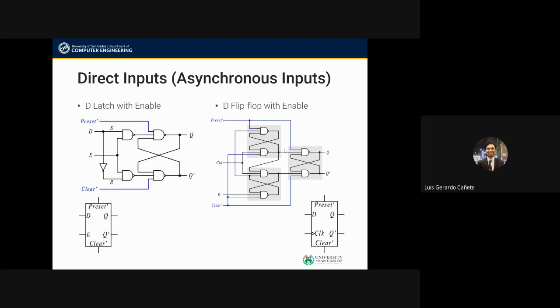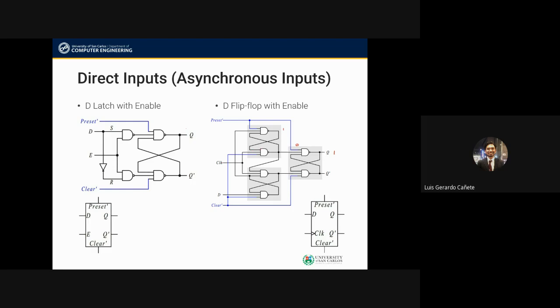So when preset is now low, this would give us a 0 here, which would make this 1 there. We have a 0 here. This would make it 1 there. And so regardless of the value here, this is 1. That goes in there.